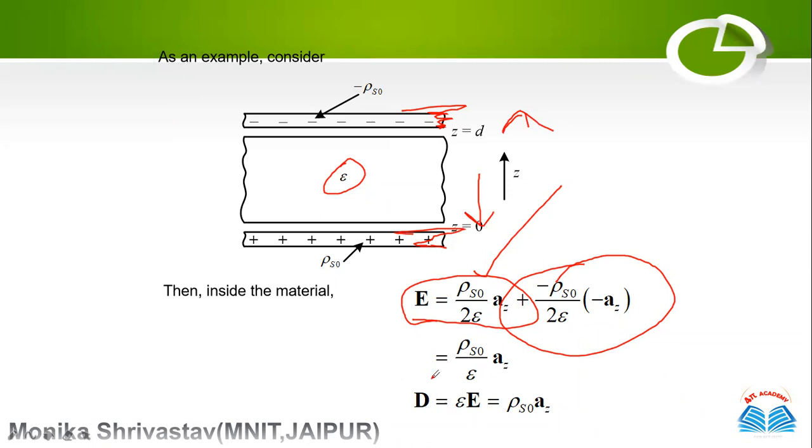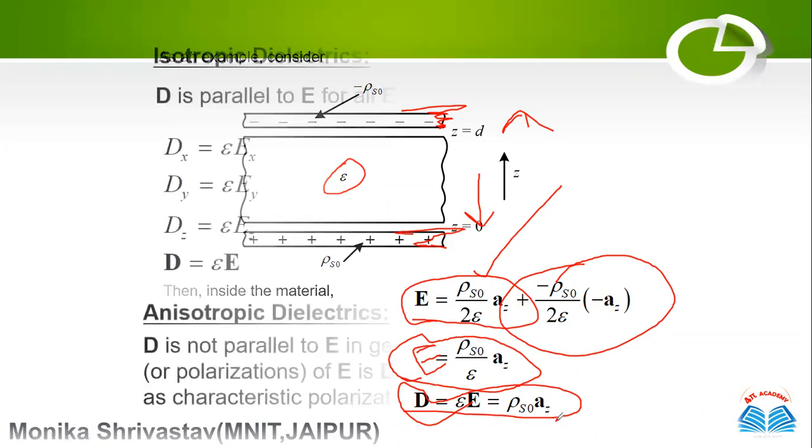So we get the electric field as rho s az over epsilon. So what is D? D is epsilon E, so finally D equals rho s az. Az is the unit vector direction, not a specific quantity.